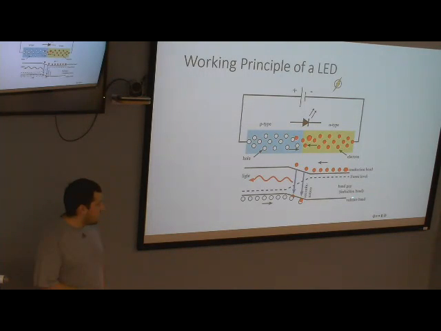Whenever you excite a material from the highest occupied molecular orbital, it will go over to the LUMO and recombine. It'll go back and relax down, so we also get an emission of light.